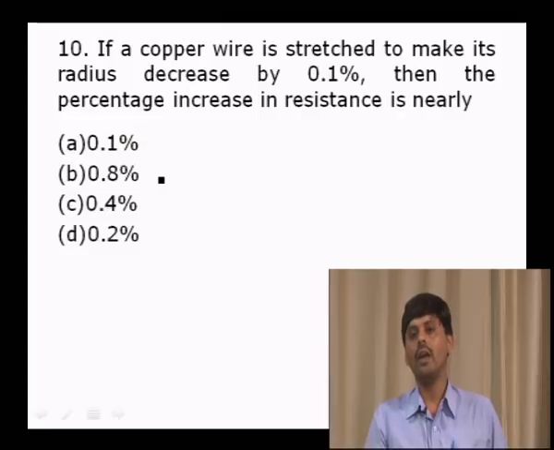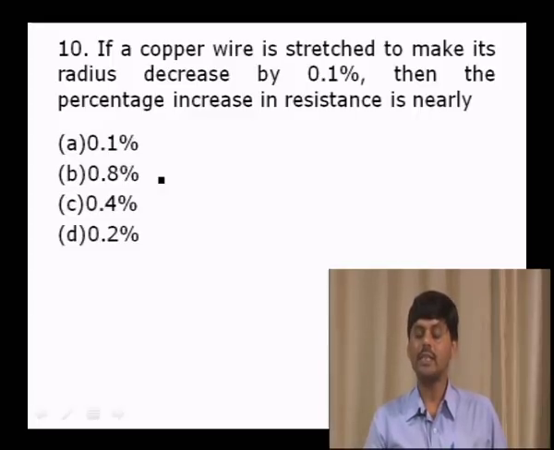Next, if a copper wire is stretched so that its radius decreases by 0.1%, then the percentage increase in the resistance is nearly. This is also the same concept, based on the stretching of the wire in terms of radius. If the radius is reduced, the length increases, which means resistance increases.